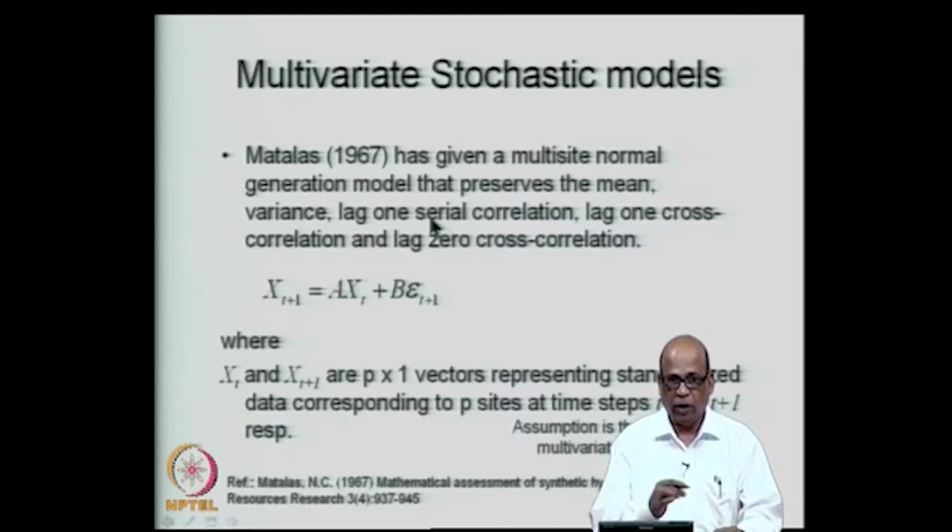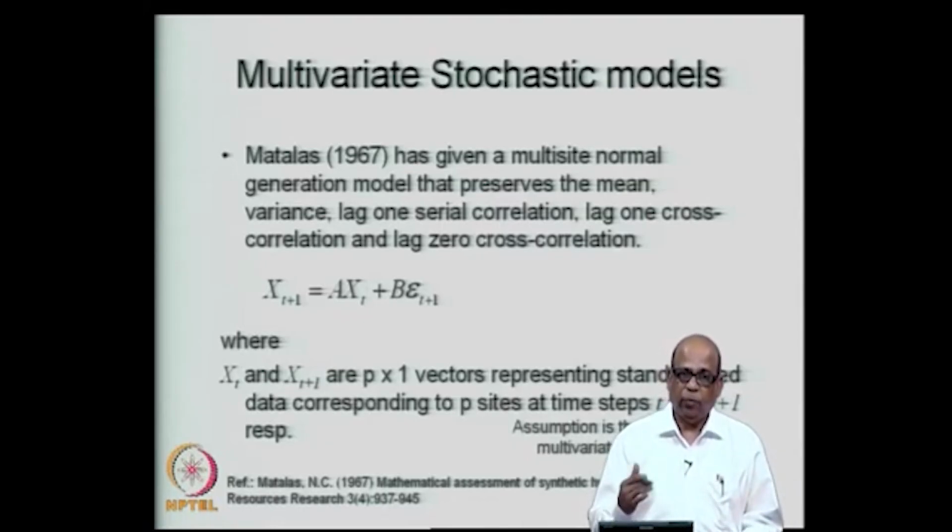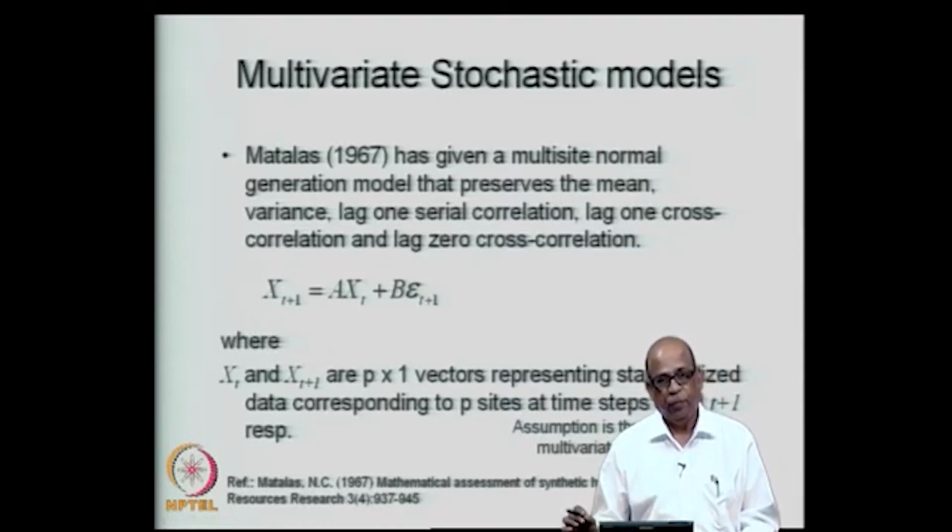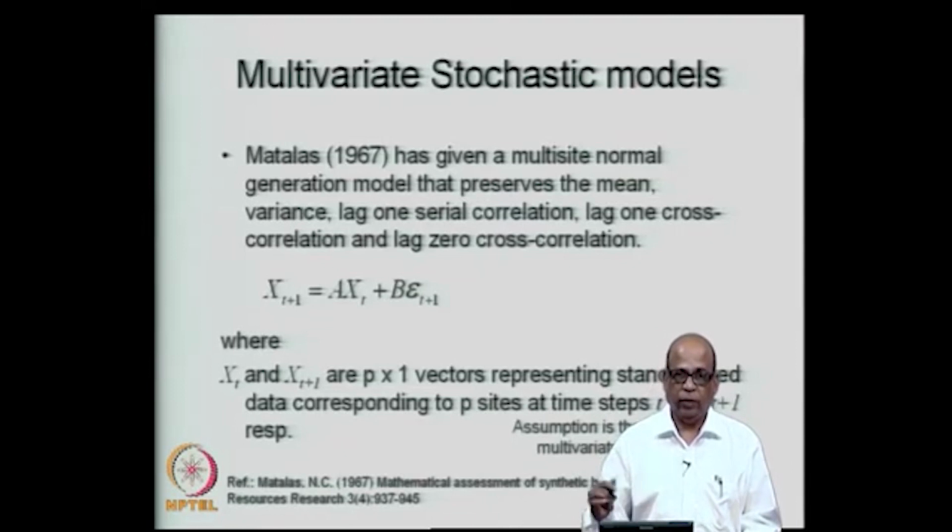All of these parameters are preserved. What do I mean by preserved? When you do the data generation using this model, the generated data will have, in a statistical sense, the same values for all of these parameters as the historical observed data. That is what we mean by preserving these parameters.